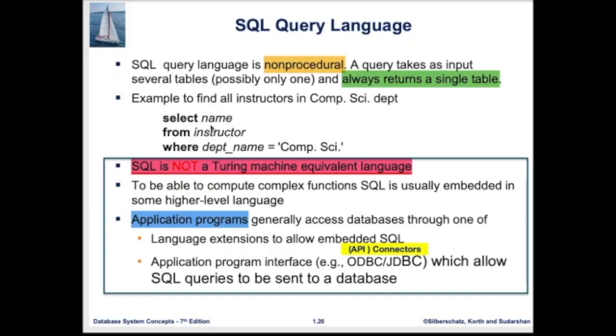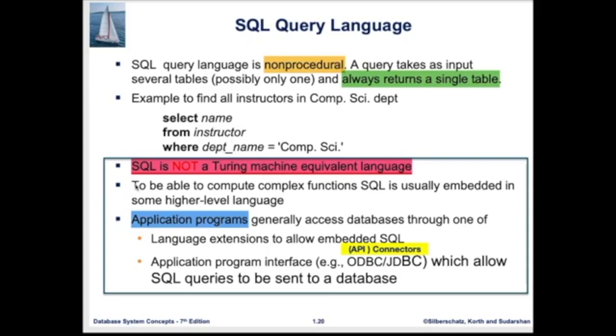So you select the name from the relation instructor where the department name is equal to this string. So that's one example of an SQL query. So ang dapat i-return nito is one table consisting of only one column. So yun yung mga names in the instructor table.